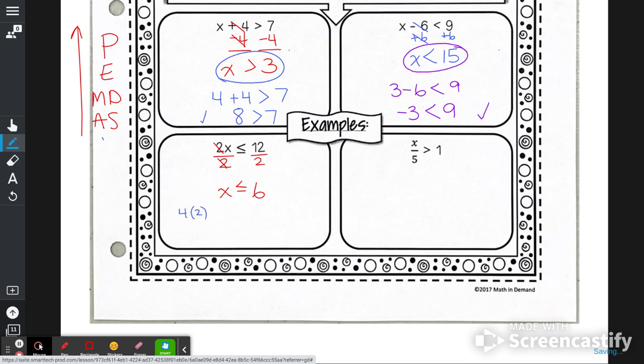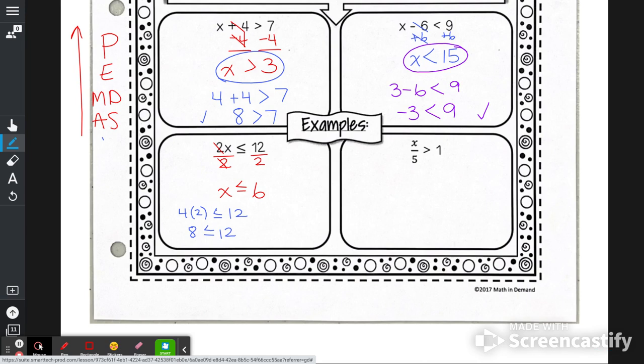Sorry, I should have said 2 times 4. It's the same thing, right? Is less than or equal to 12. What is 4 times 2? 8. And is 8 less than or equal to 12? Yes, it is.